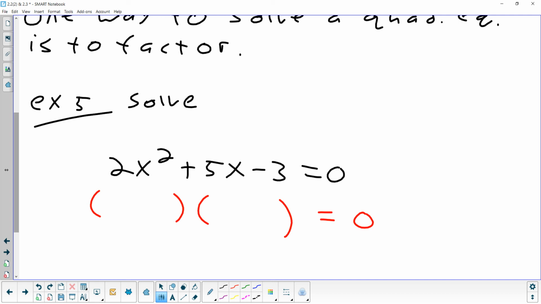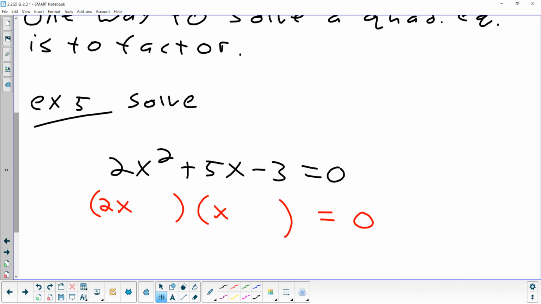That's what you do first. Anyone think they can tell me my first term in each parenthesis? Yep. Okay, an x and what else? An x and an x wouldn't give me 2x squared when I multiply. This would give me x squared. X times x. Oh, it would be 2x. The 2x, yep.